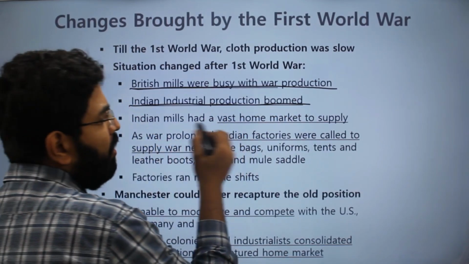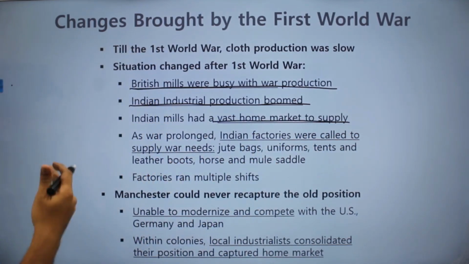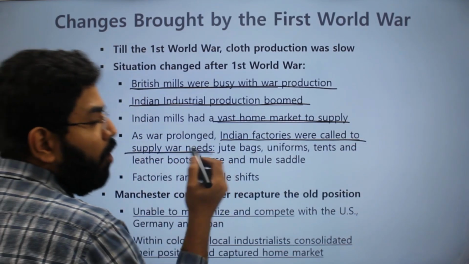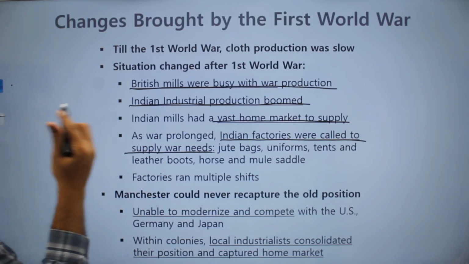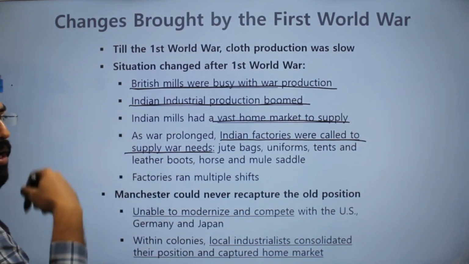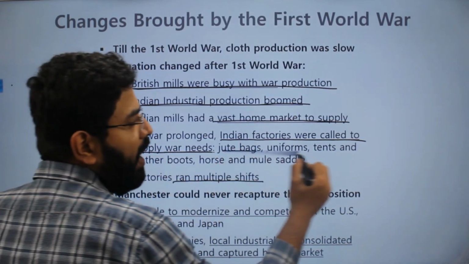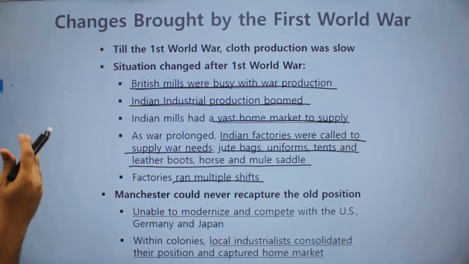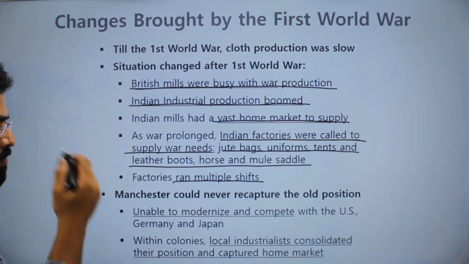The Indian mills had a vast home market in India, so they flourished. The Indian factories were called to supply war needs as well. Hence, their production even doubled, because they were supplying for the Indian domestic market as well as providing for the war needs. Hence, they ran multiple shifts. They were making jute bags, uniforms, tents, leather boots, horse and mule saddles.